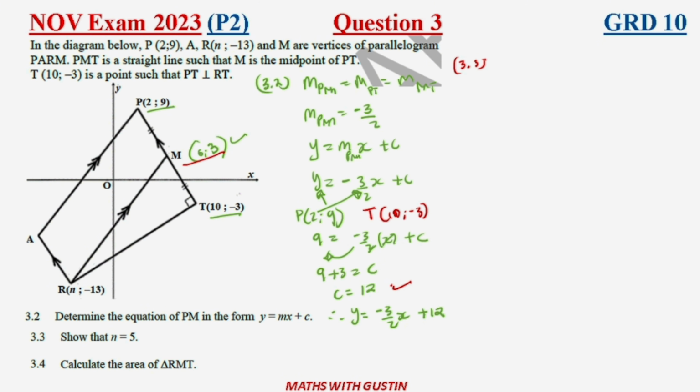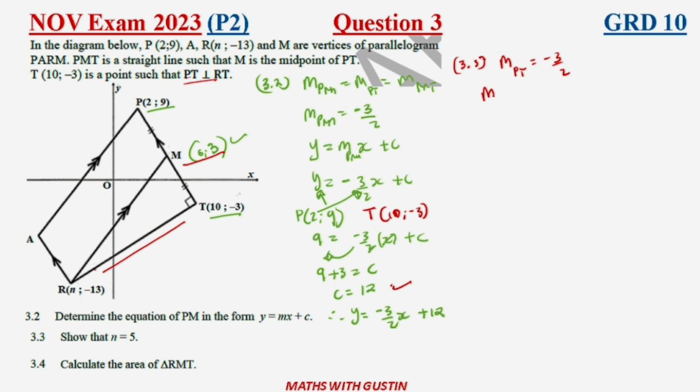All right, so let's do that. If you can see here, we have got two gradients. We've got the gradient of PT, which is equal to -3/2. Then if you look at this line, the line RT is perpendicular to PT. Remember what I said earlier on?